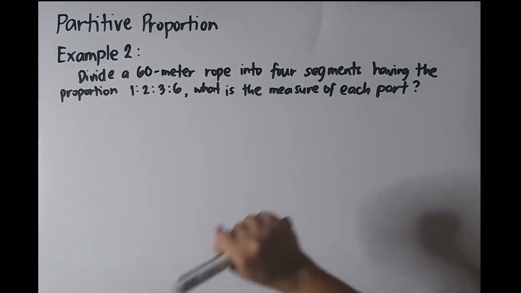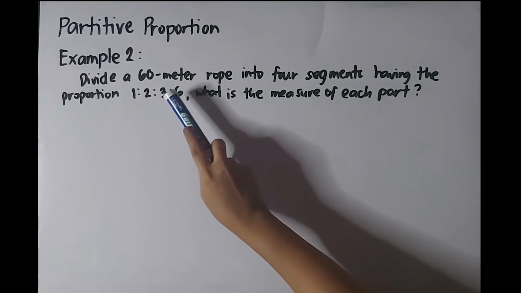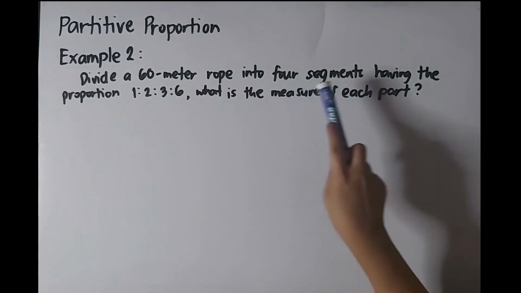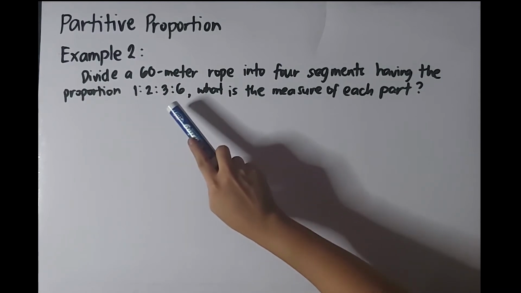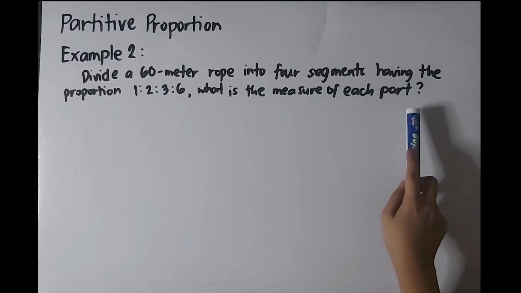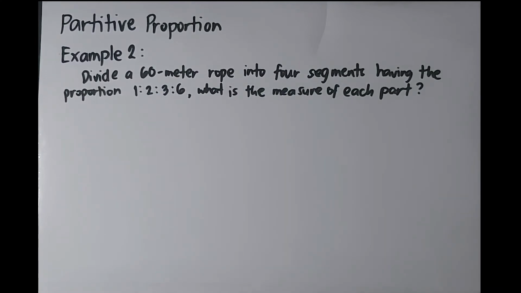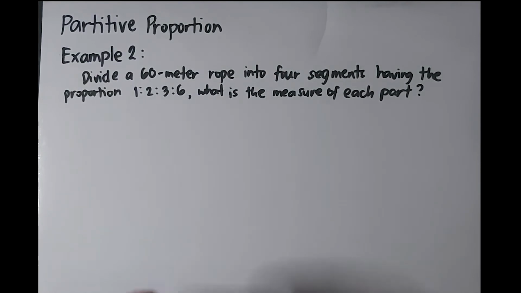Let us have our second problem for the partitive proportion. Divide a 60-meter rope into 4 segments having the proportion 1:2:3:6. What is the measure of each part of the rope? So we have here the proportion, 1:2:3:6.